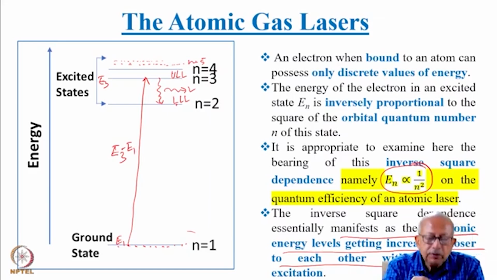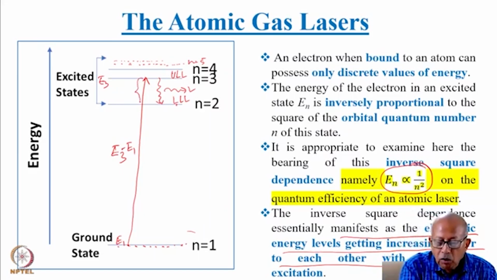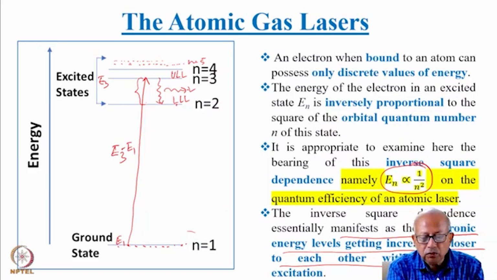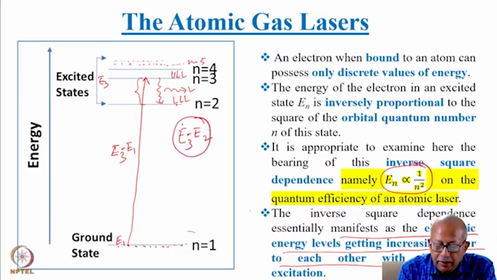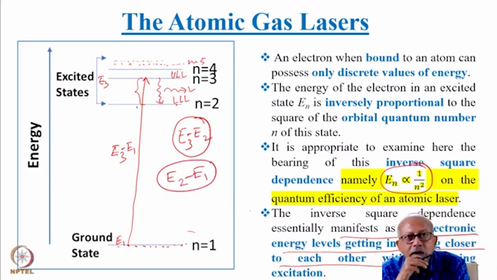This much energy is being expended to take an atom from the ground state to the upper level. And of this energy, a small fraction is emitted as a photon. Of this energy, E3 minus E2, this much energy is being emitted as a photon. And the rest of the energy, that is E2 minus E1, stays back in the system without any contribution to the emission.